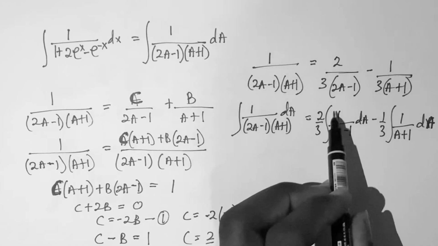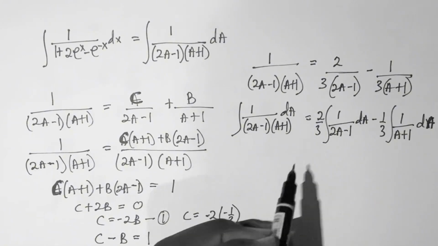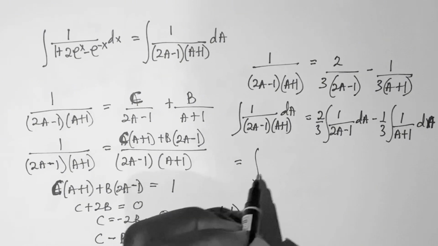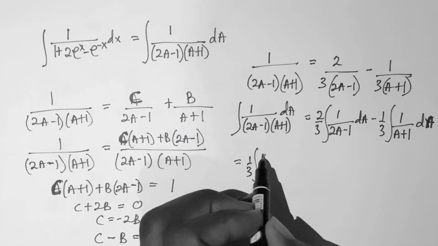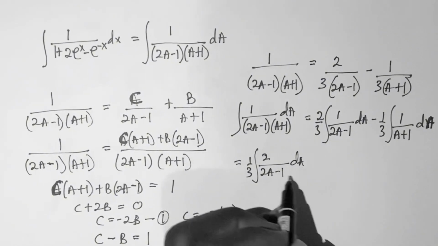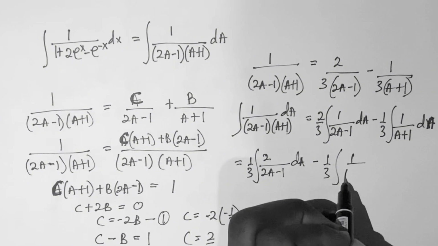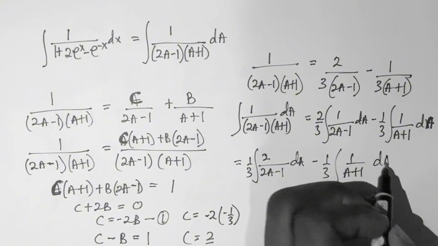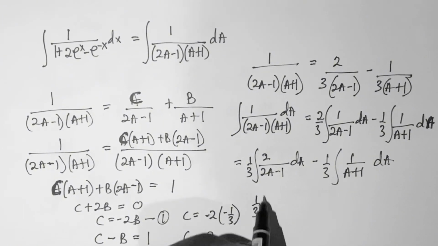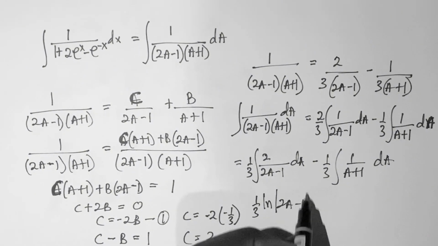So because the numerator is 1, what we will do is push this 2 inside, so that this becomes the integral of 1 over 3, 2 divided by 2a minus 1 dA, minus 1 over 3, integral of 1 divided by a plus 1 dA, so that this part will become 1 over 3 natural log of the absolute value of 2a minus 1.